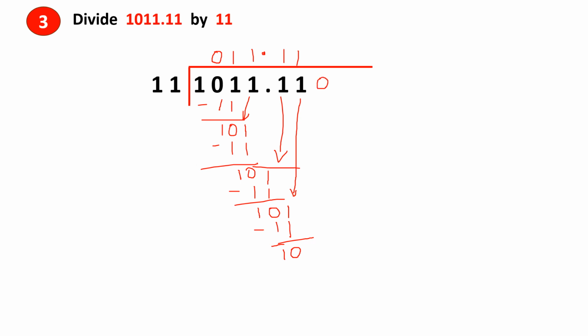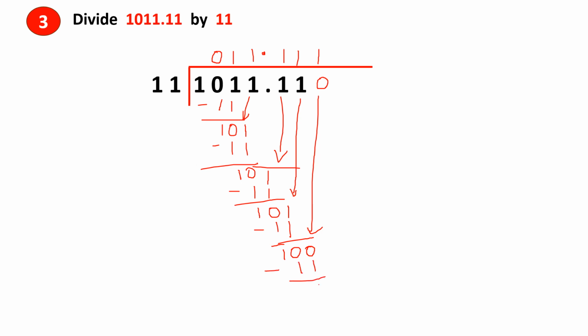You can add a 0, and you can bring this 0 here. So now compare 100 with 11. So 100 is greater. So put a 1 here and 1 here. Then subtract.